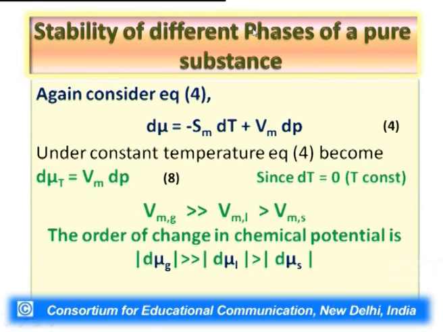In order to understand this effect of pressure, we should again look at the fundamental equation in the form of equation 4, that is d mu, the change in chemical potential, equals minus Sm dT plus Vm dP. Here if we keep temperature constant, then d mu at constant T equals Vm dP.